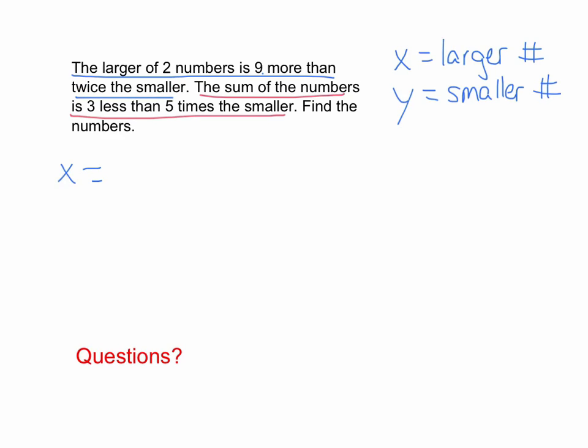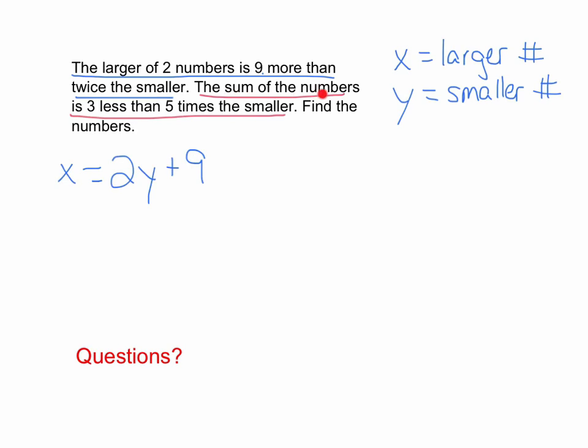Well, if the smaller is y, twice the smaller is going to be 2y, and 9 more than that is going to be plus 9. So this is the larger of the two numbers is 9 more than twice the smaller. You could also flip-flop those since it's addition. Okay, that would be all right. So there's equation 1.